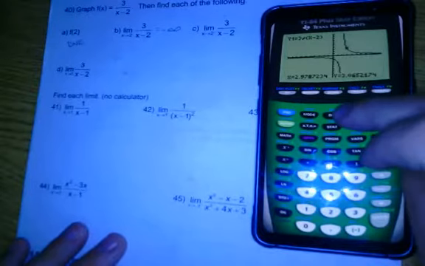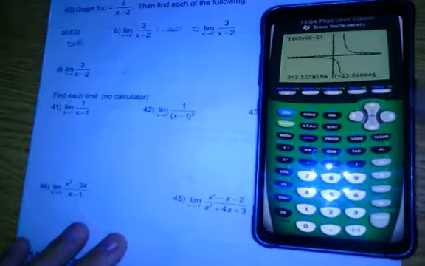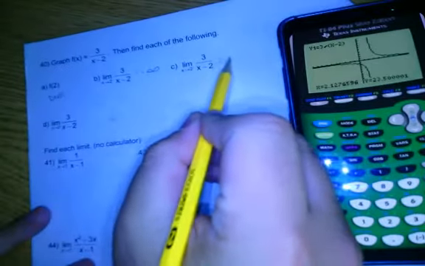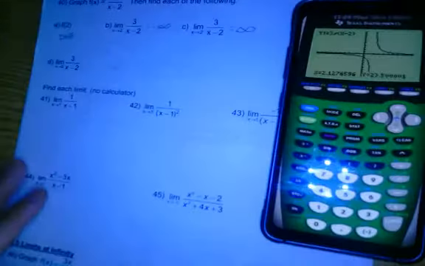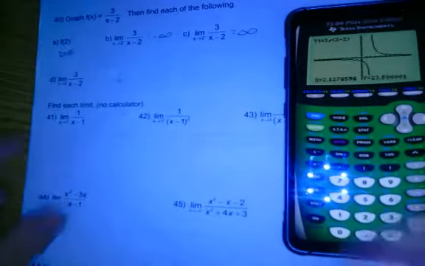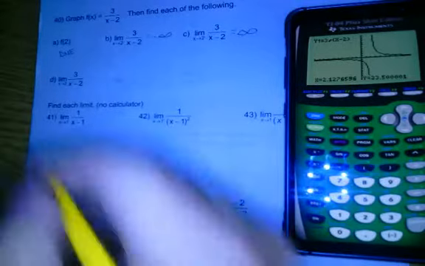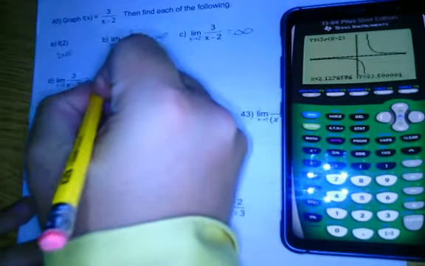And I'm going to start on the right and come from the right side. What am I getting closer and closer towards? Positive infinity. So what's the limit as we approach 2? It does not exist. Why does not exist?